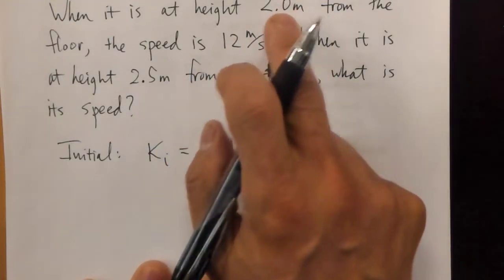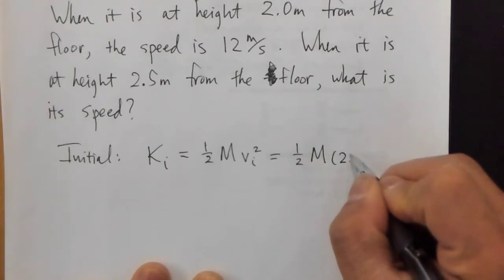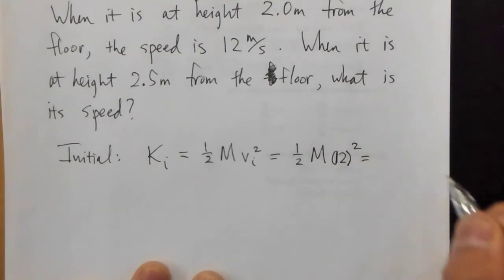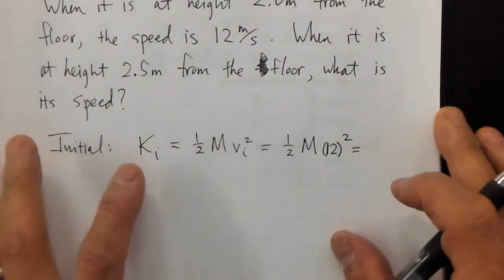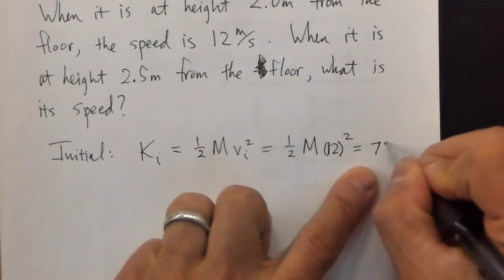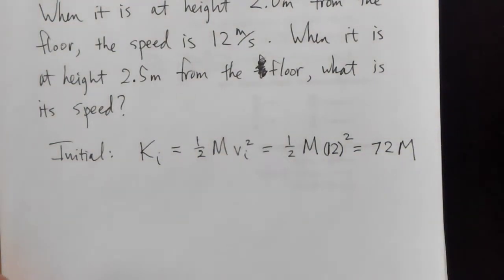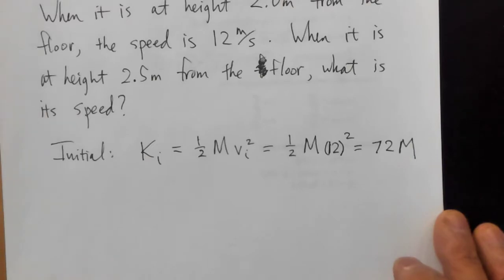Initial is, I'm taking this as the initial. That will be 12. I'm going to leave off the units, otherwise there'll be m's coming from meters. That will be confusing because I have a capital M here, so we'll just leave off all the units. And so I'll have 144, which is 12 squared, divided by 2, is 72. So I'll have 72M. Okay, everybody's with me so far?